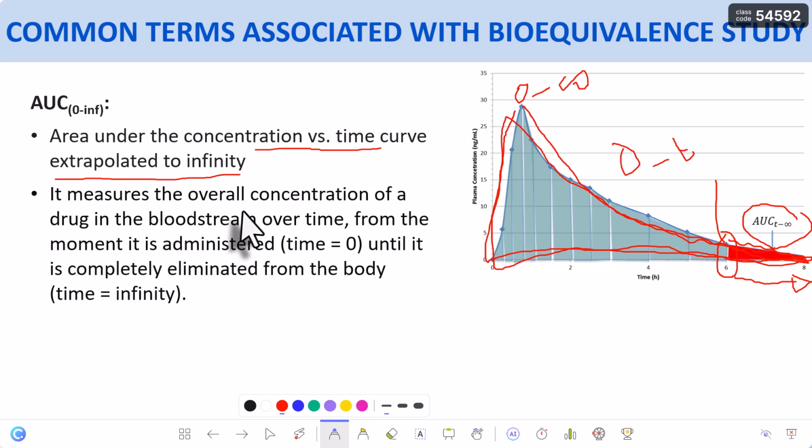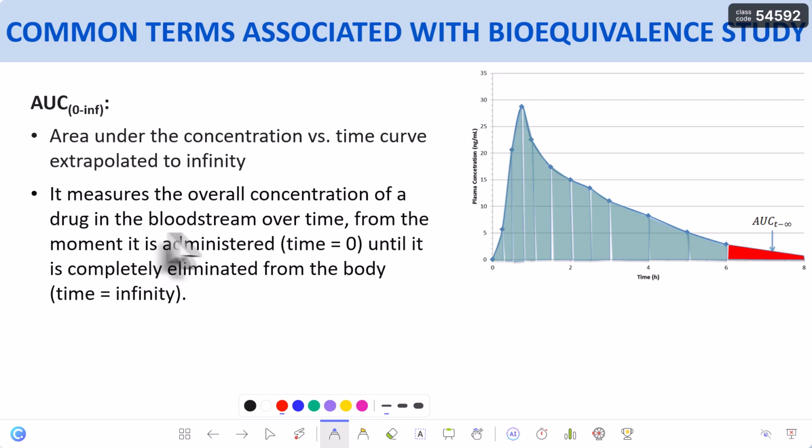It measures the overall concentration of a drug in the bloodstream over time from the moment it is administered, meaning time equals 0, until it is completely eliminated from the body. There is no such time by which the complete concentration can be eliminated, so we extrapolate based on some models or hypothesis, and then we call it infinity.